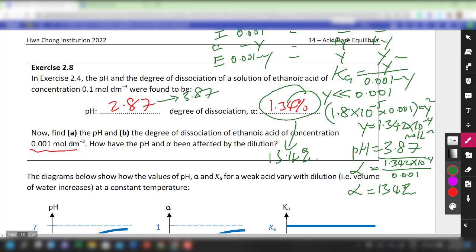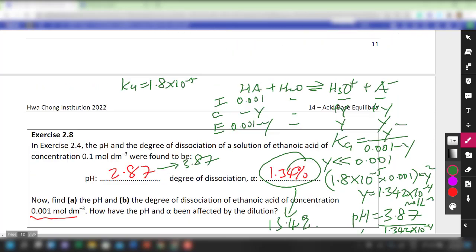So the more dilute the solution is, you expect the extent of ionization to be greater. In this case, which is a better indication of strength of the acids? Because the pH and degree of ionization actually change with concentration.